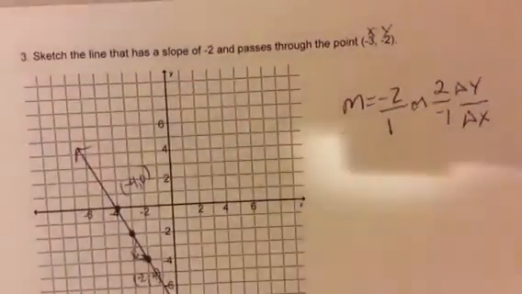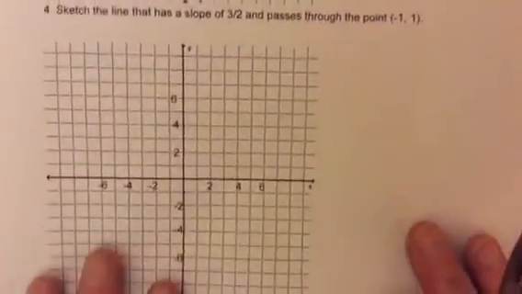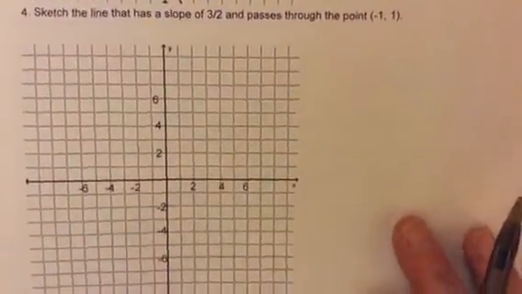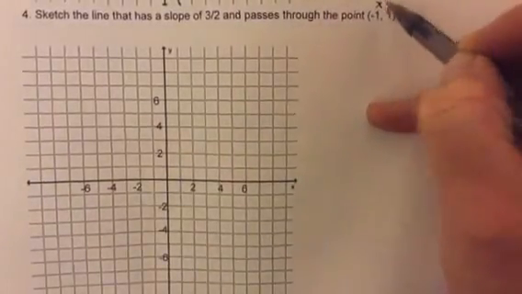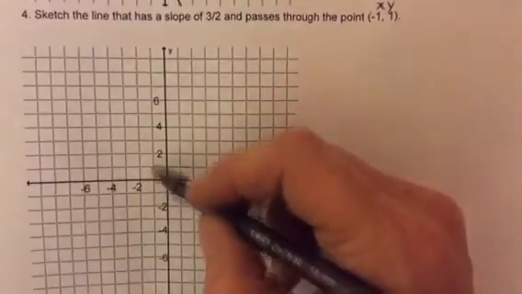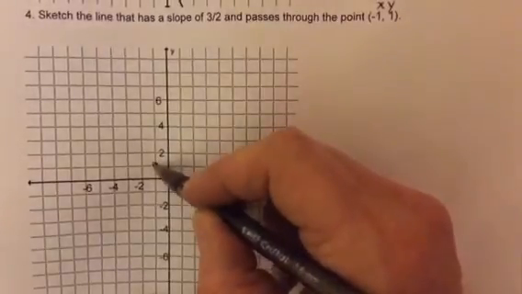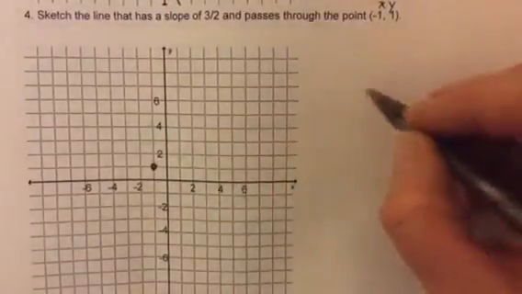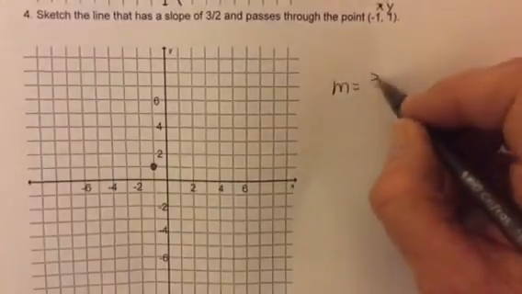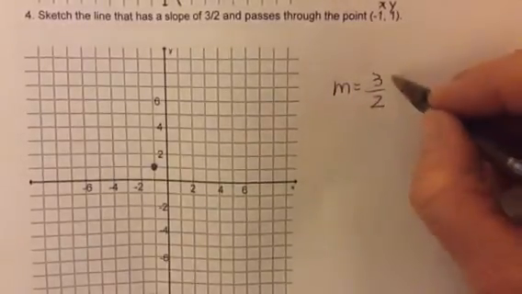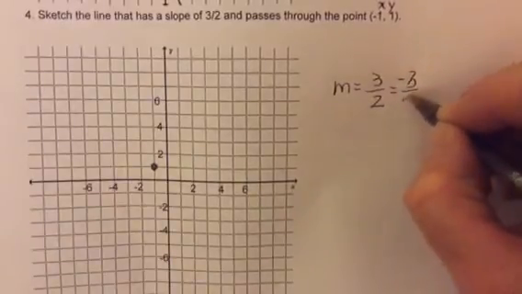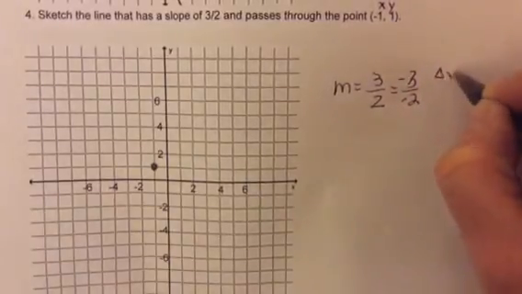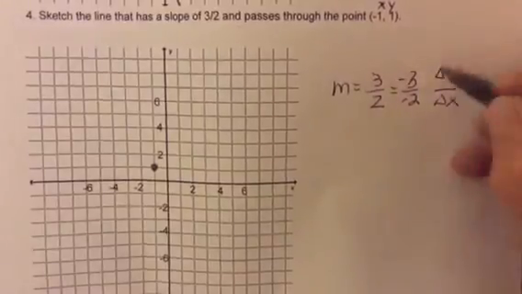And our last one, it's going to go through the point -1 on the x, 1 on the y. So we go to (-1, 1). Now our slope, m, is going to be 3/2. That could be +3 over +2 or -3 over -2. Changing y over changing x.